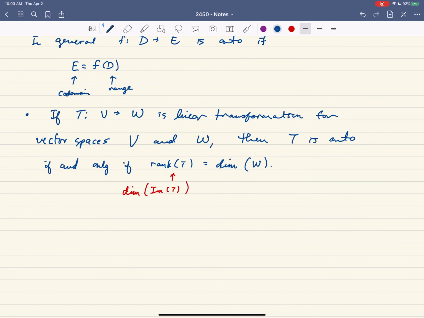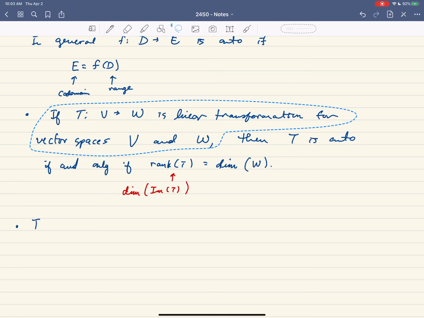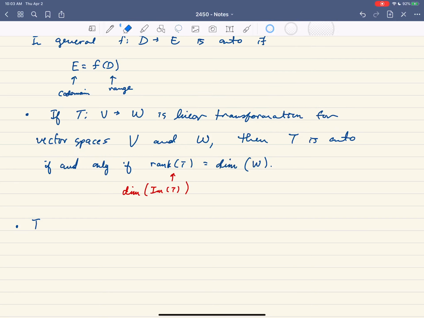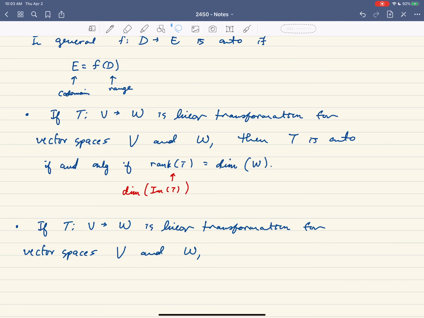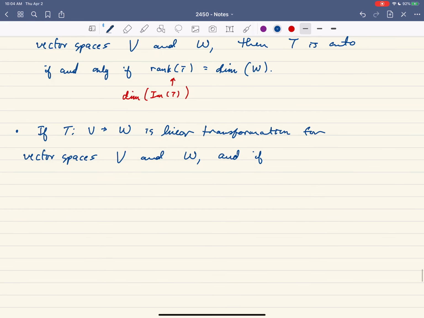And one more fact that's going to be very useful for us: if T is a linear transformation for vector spaces V and W, and if V and W have the same dimension, so if the dimension of V and the dimension of W are equal, then it turns out that T is going to be onto if and only if T is 1 to 1.